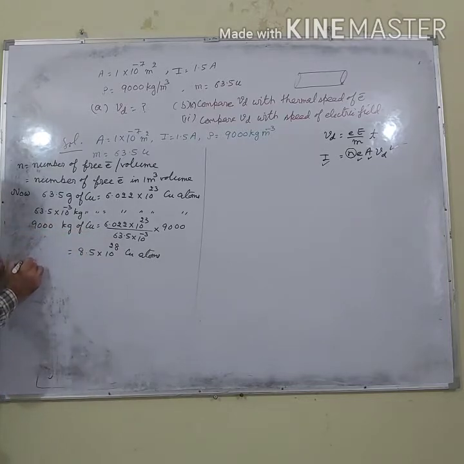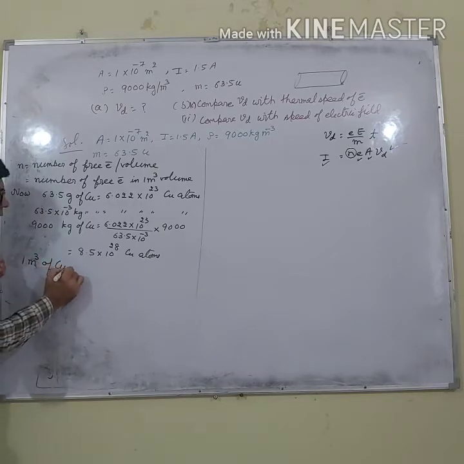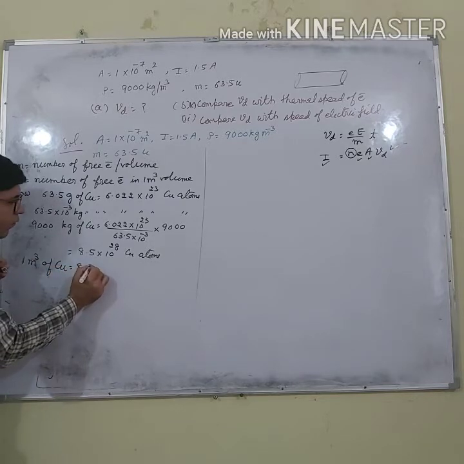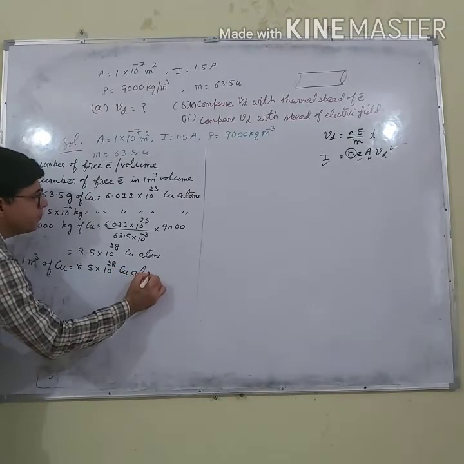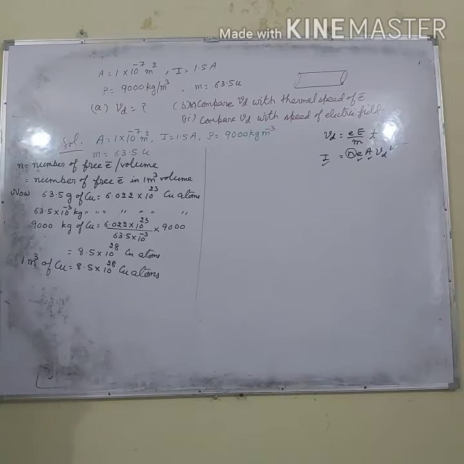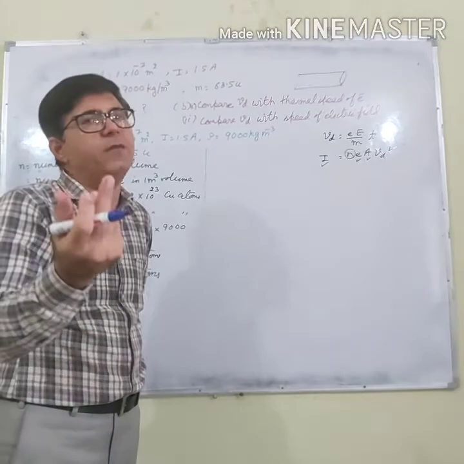So I can say 1 meter cube of copper has 8.5 10 to the power 28 copper atoms. And it is given that one copper atom contributes one free electron.